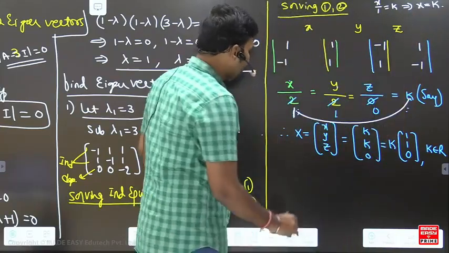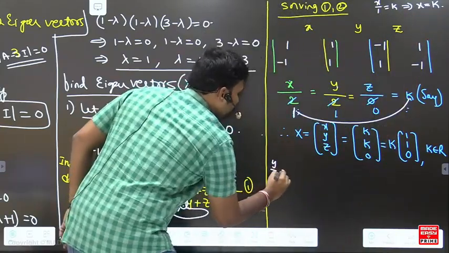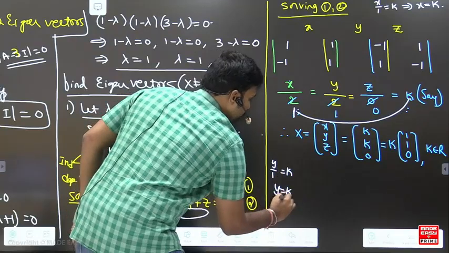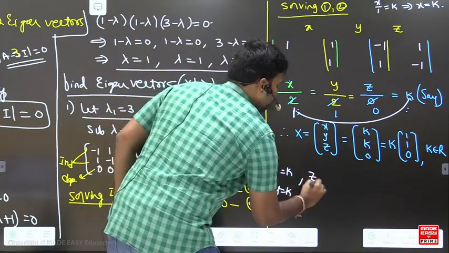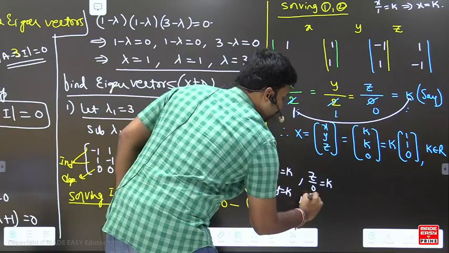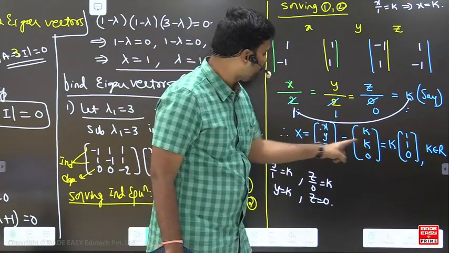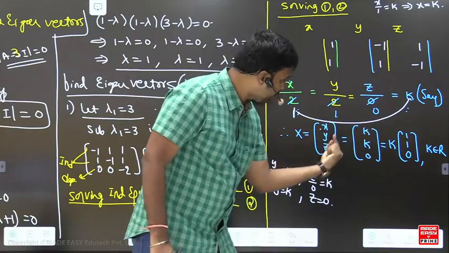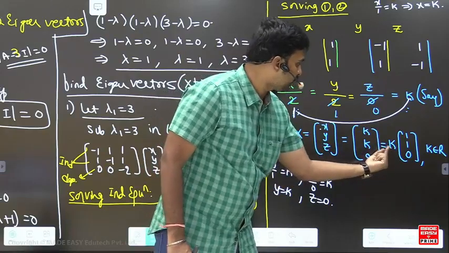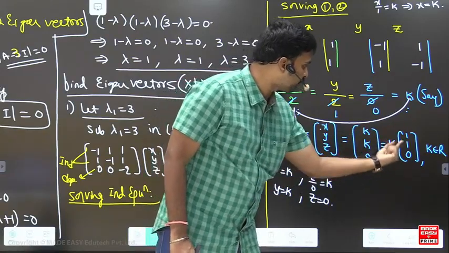Got the point? Similarly, y by 1 is equal to k, so y is equal to k. Similarly, z by 0 is equal to k, so z is equal to 0. This is the way I have taken the x value, y value and z value, and taking k common, this vector is written as k times (1, 1, 0).